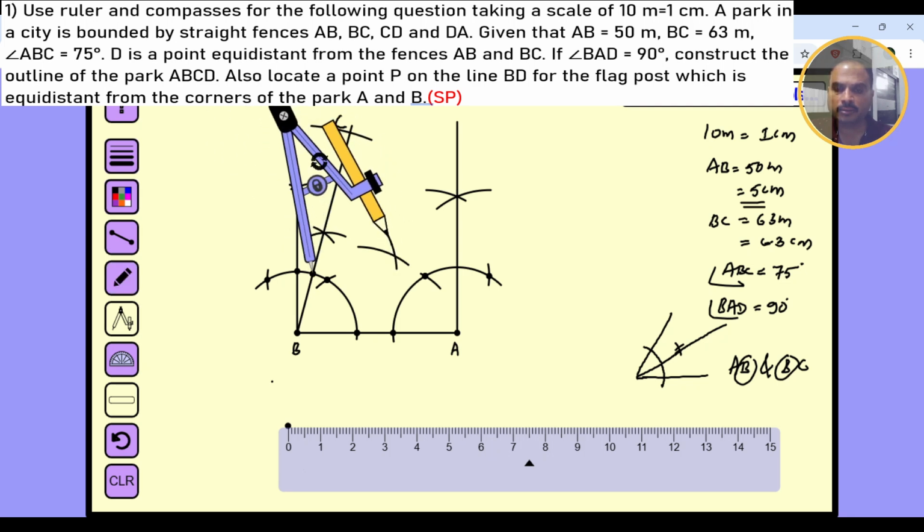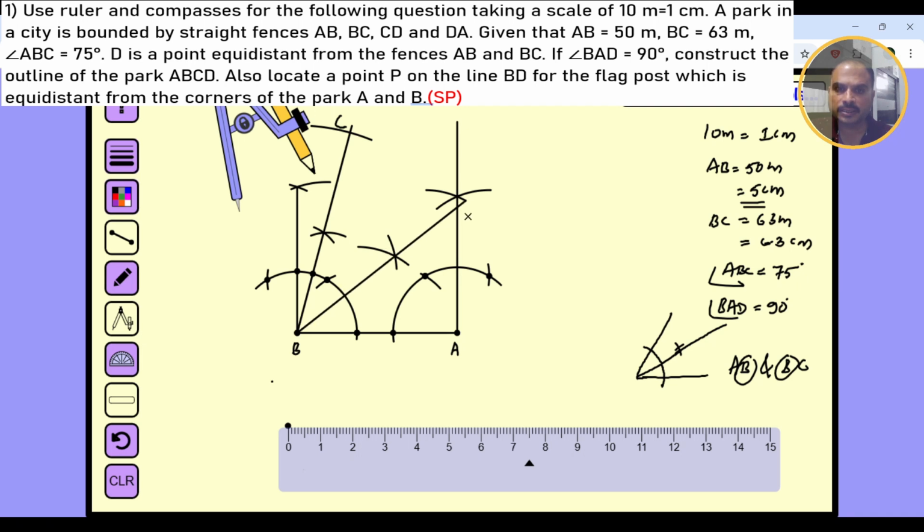I will draw the angular bisector. Then I will extend this angular bisector in such a way that it is going to meet the 90 degree line.